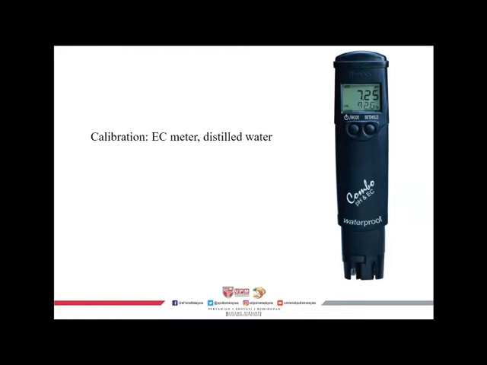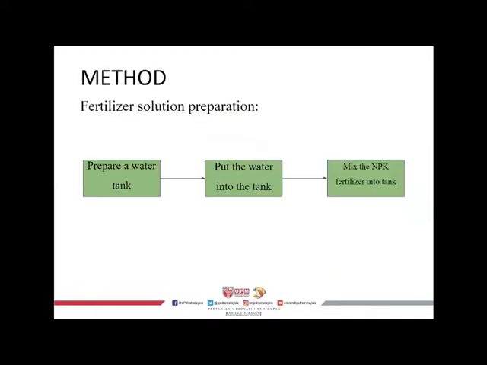So we will get a quality fertilizer solution. Next. Then we will go to the method to make the fertilizer solution. So it is simple. We will prepare a water tank, which is 300 liters, put the water in the tank and just mix the NPK fertilizer into the tank.